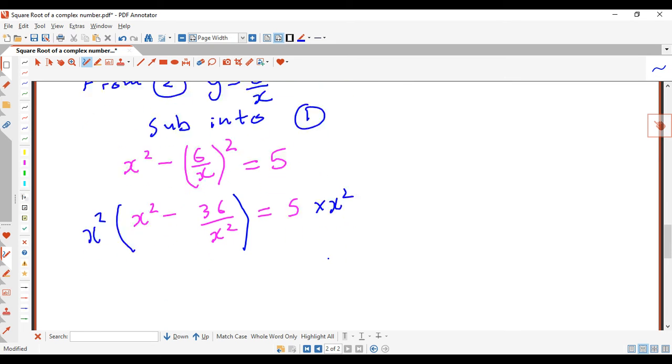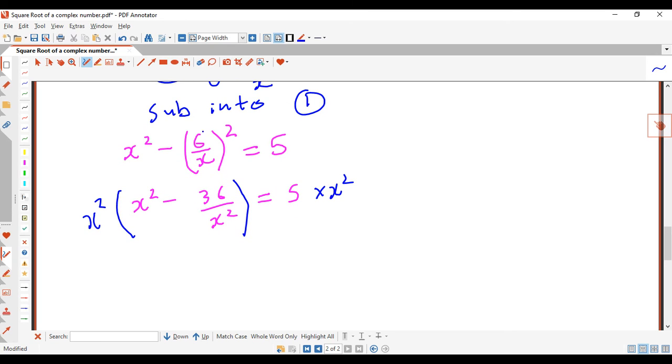That's going to give me x to the 4 minus 36 equals 5x squared. I'll put everything on one side. x to the 4 minus 5x squared minus 36 is equal to 0.